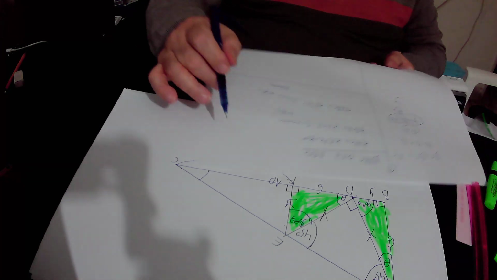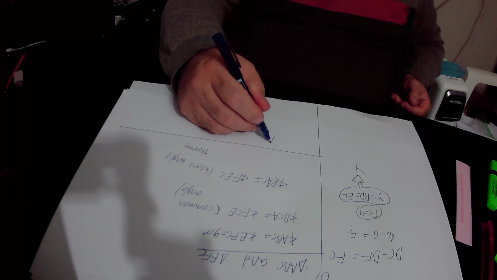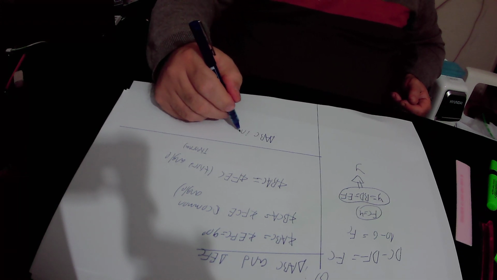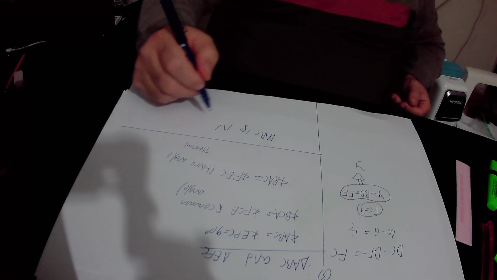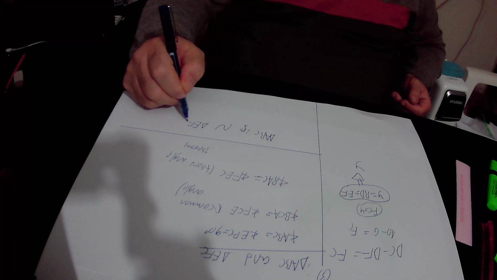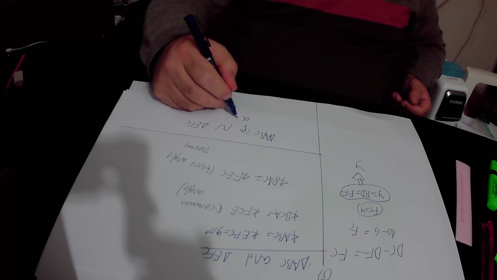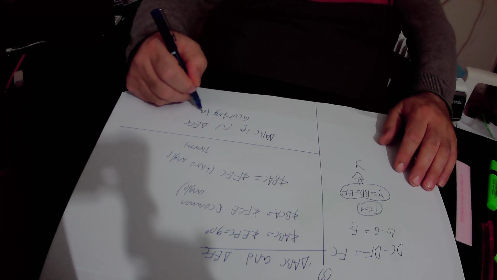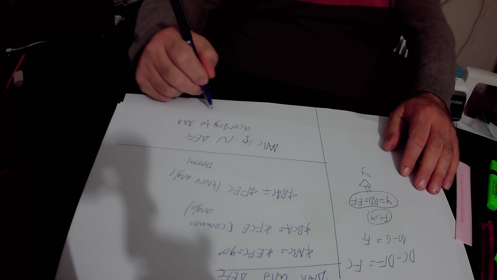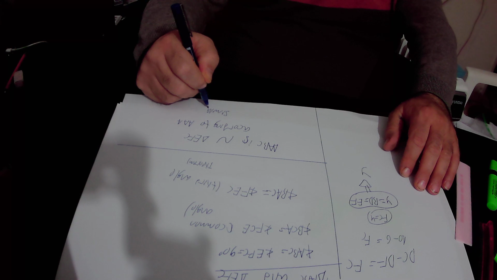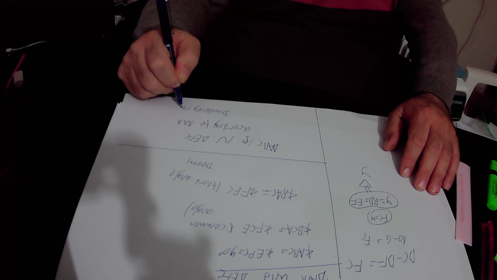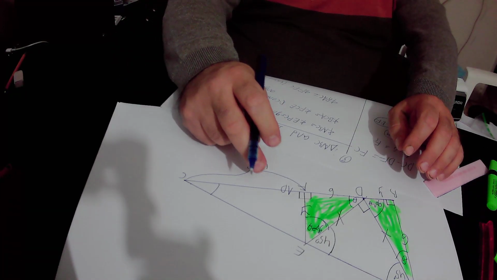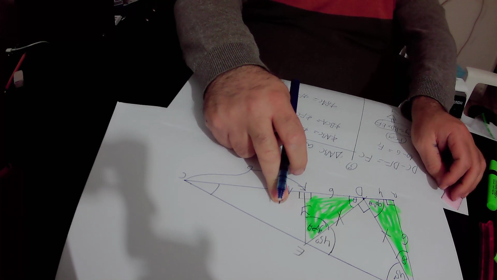Therefore, we conclude that the big right triangle ABC is similar to the right triangle EFC according to the angle similarity rule.